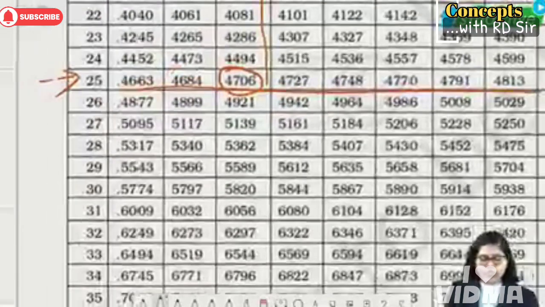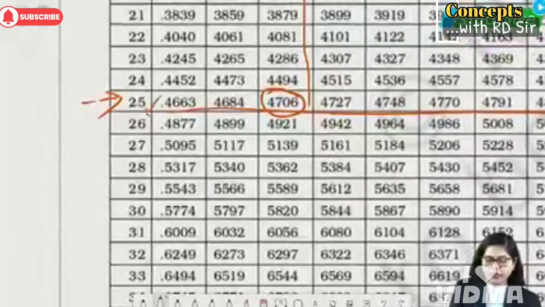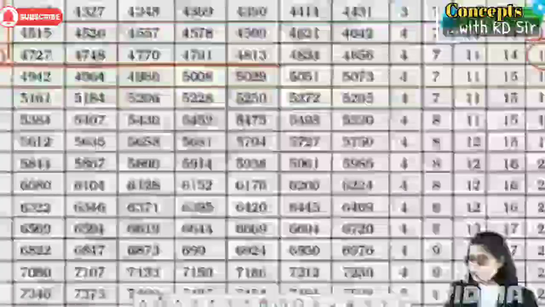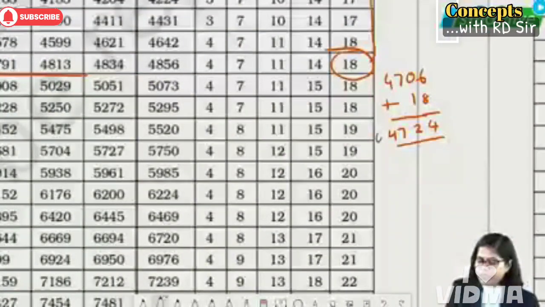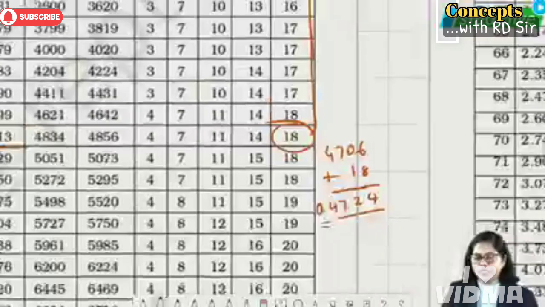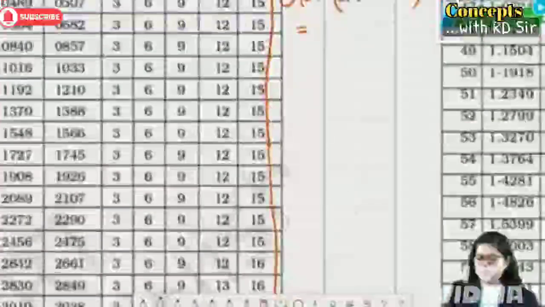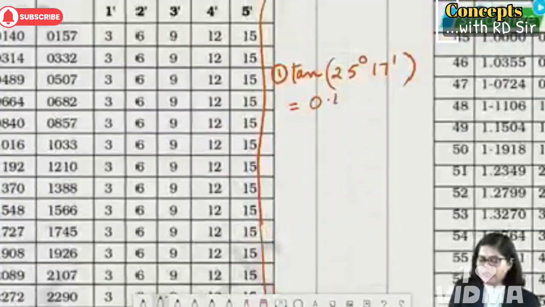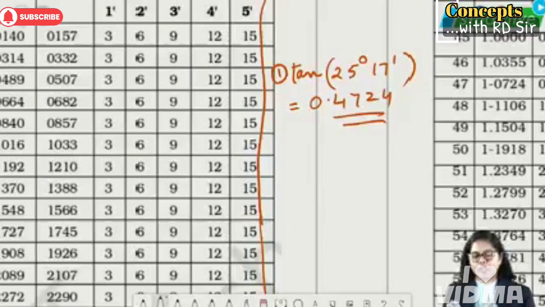Now check the first value. It is decimal, right? That means it will be 0 point. So the answer is 0.4724. Correct?